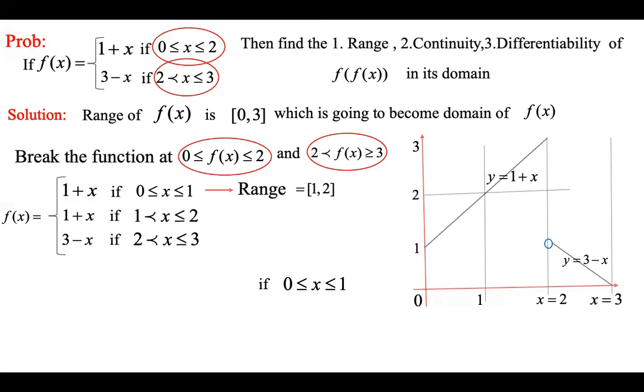The second f of x is also 1 plus x only. So this 1 plus x must be composed with the second 1 plus x, in which the role of x is played by 1 plus x. This is the same as 2 plus x when x is in between 0 and 1.